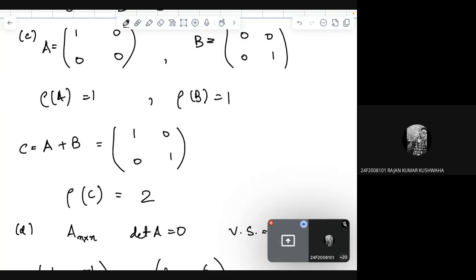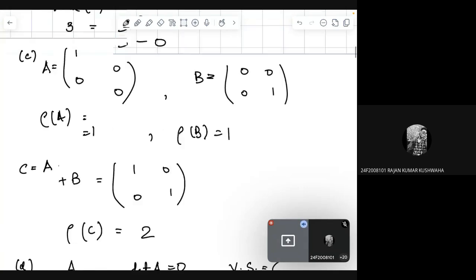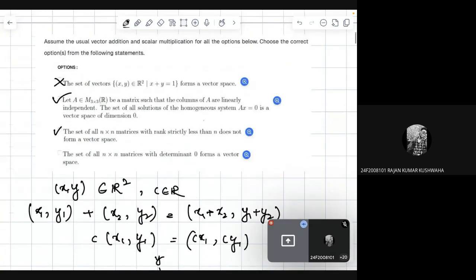The sum A plus B lies outside, so this is not a vector space. The statement was asking if it is not a vector space, and hence this is the correct statement because we showed that it is not a vector space.